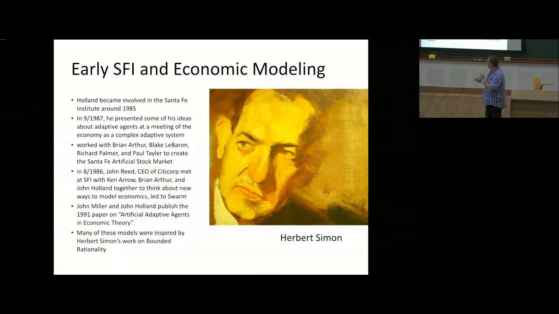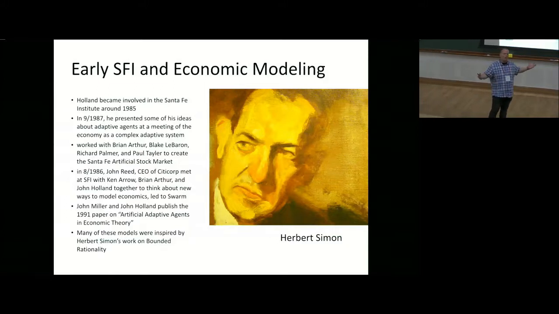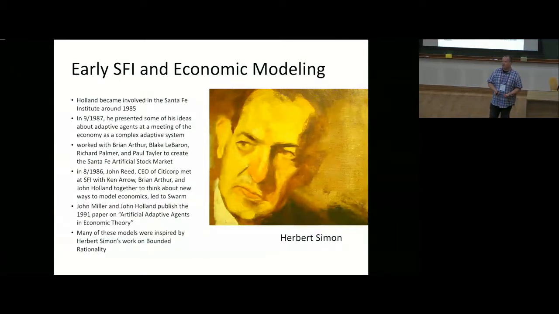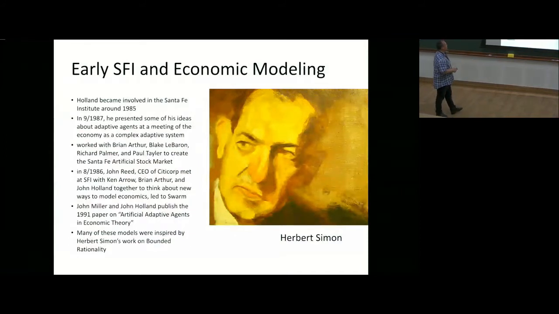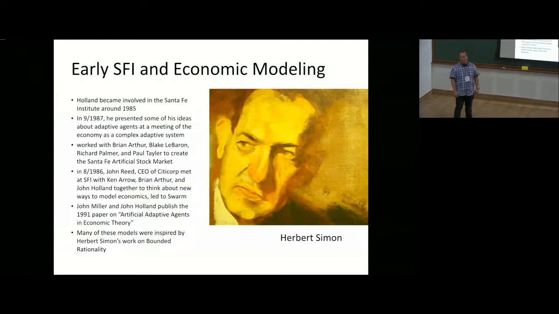In September of 87, they had one of the first really cool meetings at the Santa Fe Institute, where they brought together economists and physicists and different thinkers, like John Holland, who is a computer scientist, to discuss the economy as a complex adaptive system. During that meeting, he started working with Brian Arthur, Blake LeBaron, Richard Palmer, and Paul Taylor to create the first Santa Fe artificial stock market.